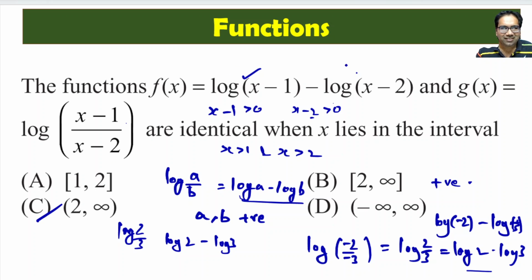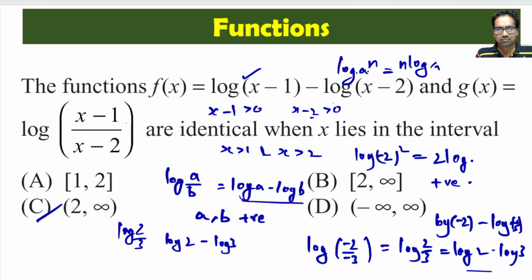Similarly, if someone asks, log of a power n is n log a. We know this, but here also it is based on a being positive. For example, log of minus 2 power 2, we cannot write it as 2 log of minus 2, because log of minus 2 becomes meaningless.